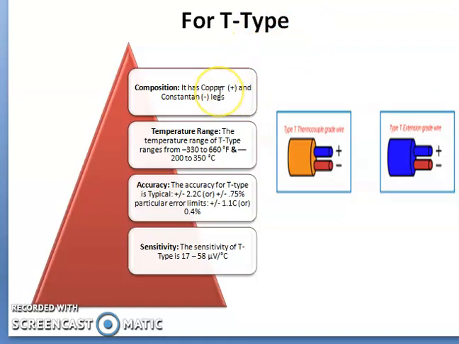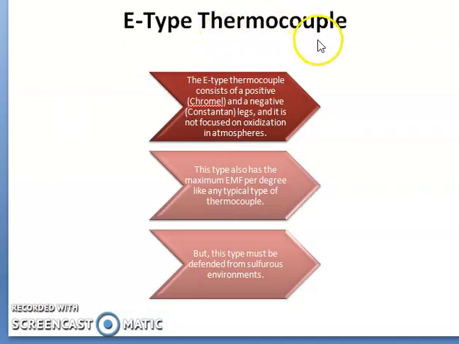It has a composition of copper and constantan and the temperature range is minus 330 to 660 degrees Fahrenheit, and in degrees Celsius it is minus 200 to 350 degrees Celsius, and the accuracy is plus or minus 2.2 degrees Celsius and the error limit is plus or minus 1.1 degrees Celsius, and the sensitivity of T-type is 17 to 58 microvolts per degree Celsius.